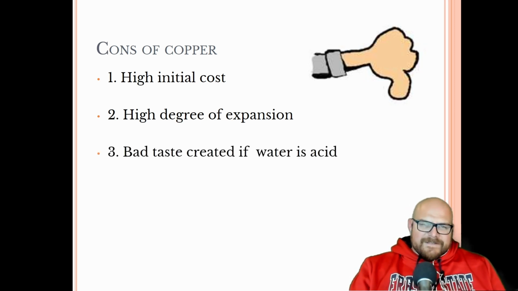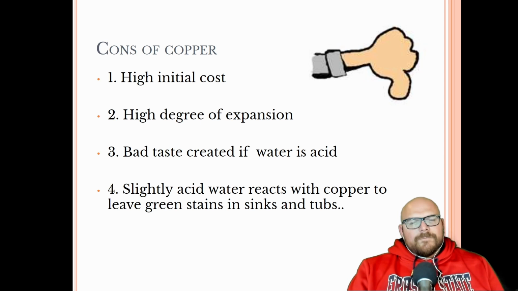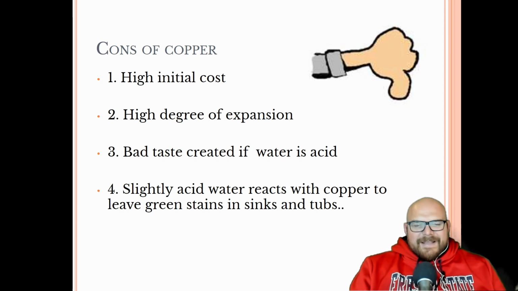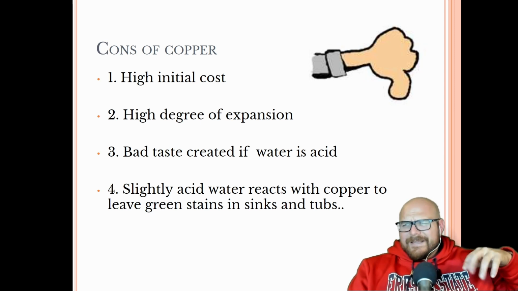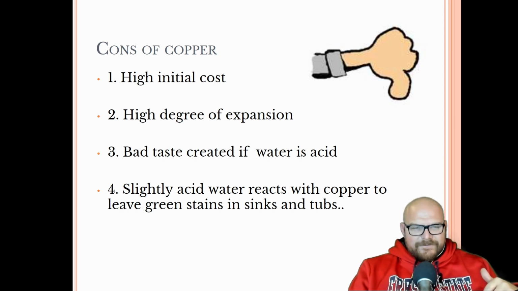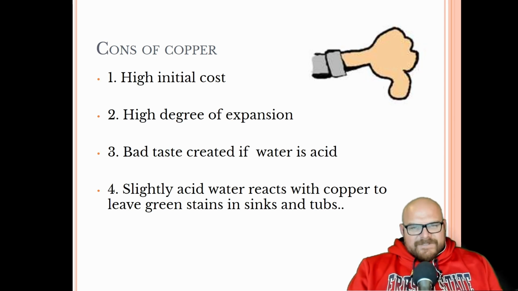The other thing that we get is sometimes we get a bad taste. The water will have an acidic taste, which is not necessarily desirable. And then also that slightly acidic water will react with copper and leave the green stains in sinks and tubs. So if you're ever in, especially an older home that has copper as the tubing or as the pipe, then you might see green rings around sinks and tubs.